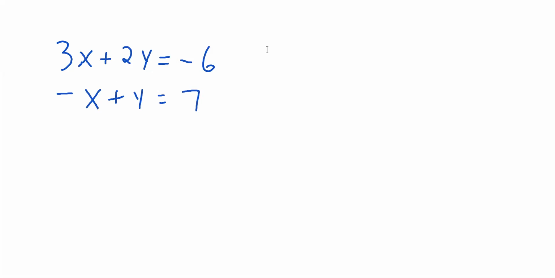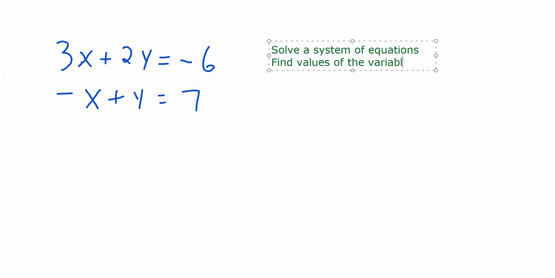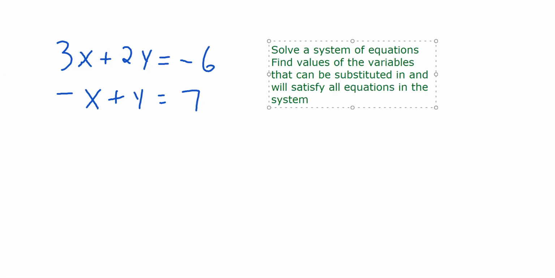Now, what we're going to end up doing is we want to solve a system of equations. That means we would like to find values of the variables that can be substituted in and will satisfy all equations in the system.